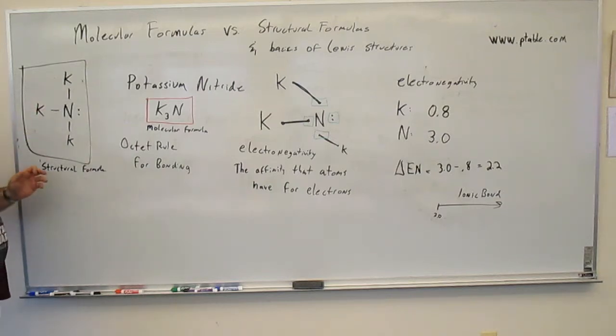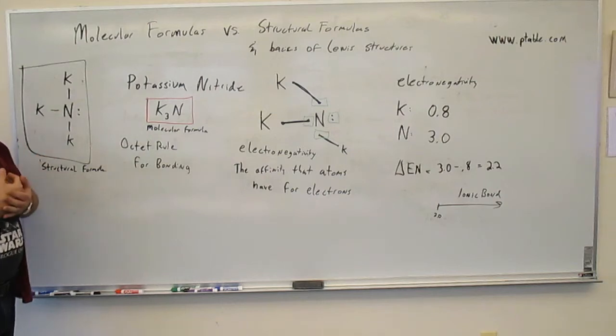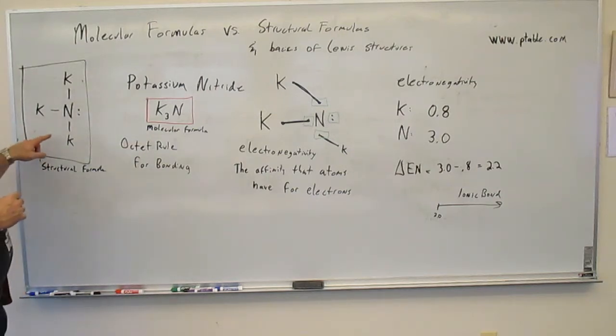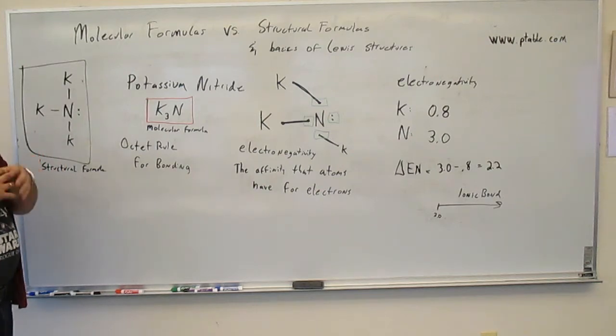Are the bonds in potassium nitride, in fact, at right angles with respect to each other? No, they're not. There's another model that we'll talk about later that shows the real physical angles between these, and it's a 3-dimensional model, but that's not that.